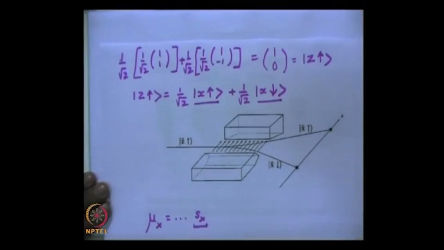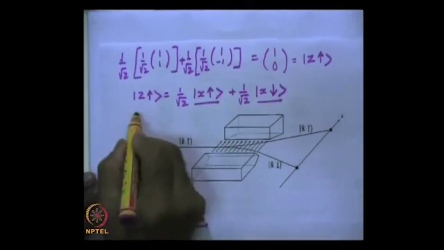That is, if there are 10,000 silver atoms each in the z up state, then about 5,000 will go in the x up state, and about 5,000 in the x down state. But if I do the experiment with one silver atom which is in the z up state, I will not be able to tell for sure which spot it will go to, because it is in a superposed state.